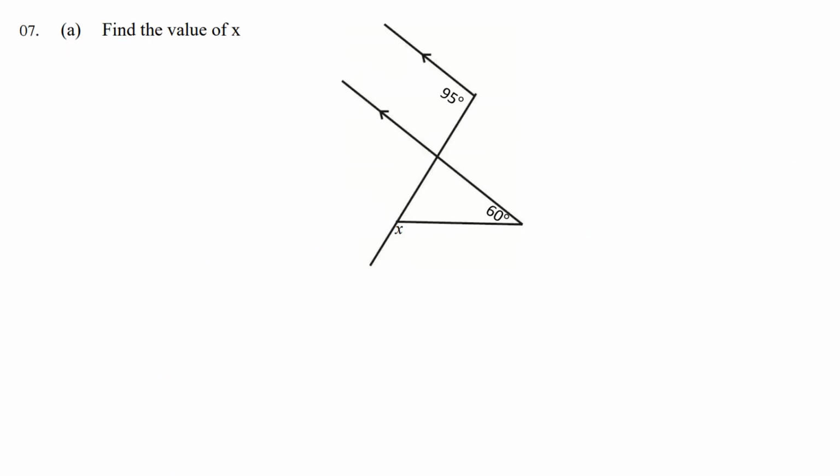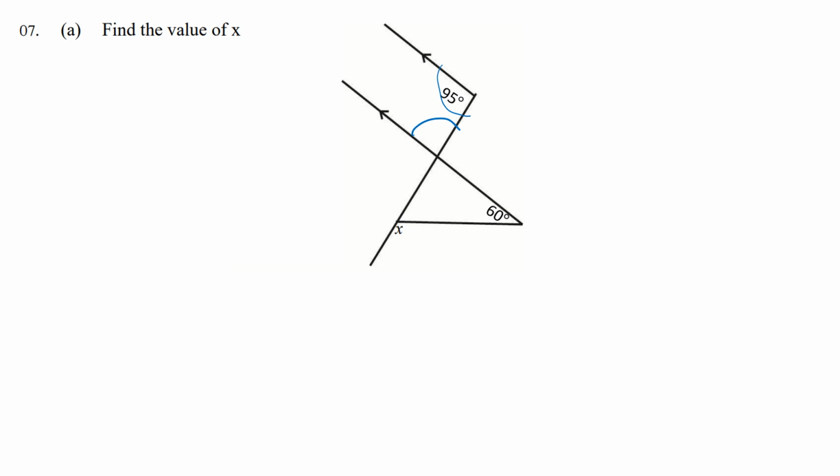And here find the value of x. Here x, and you know these are straight lines, and you can take like this. If this is a straight line, these two are parallel lines, and this is a straight line that crosses them, then these two are allied angles. You know, the sum of the allied angles is equal to 180.